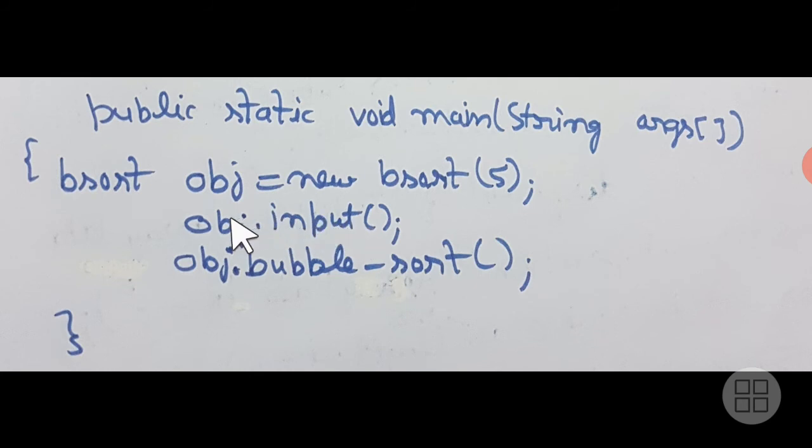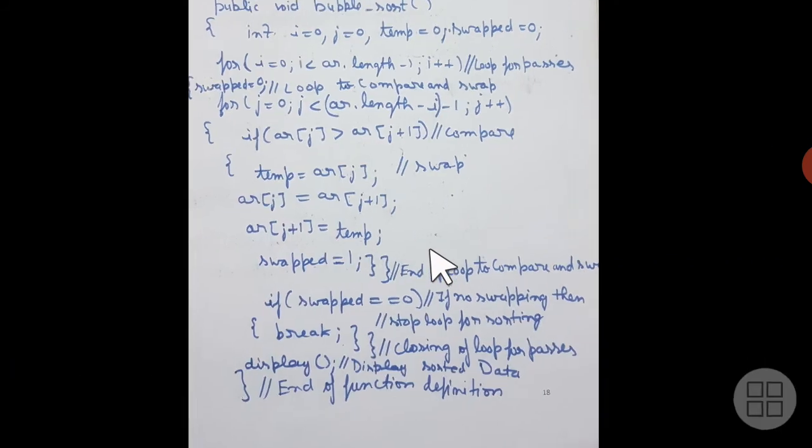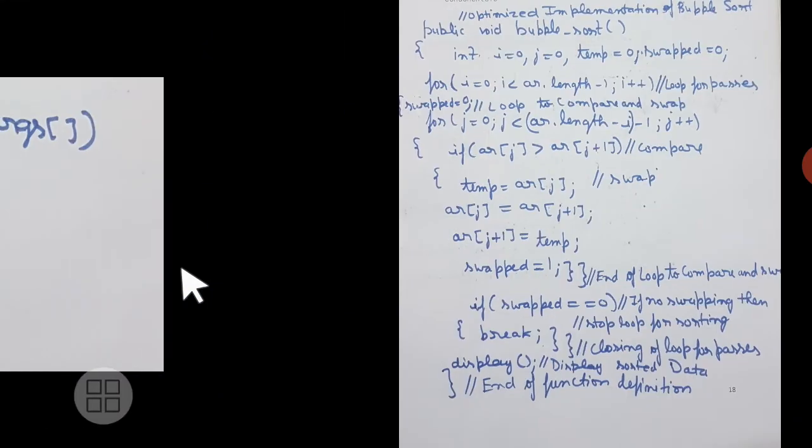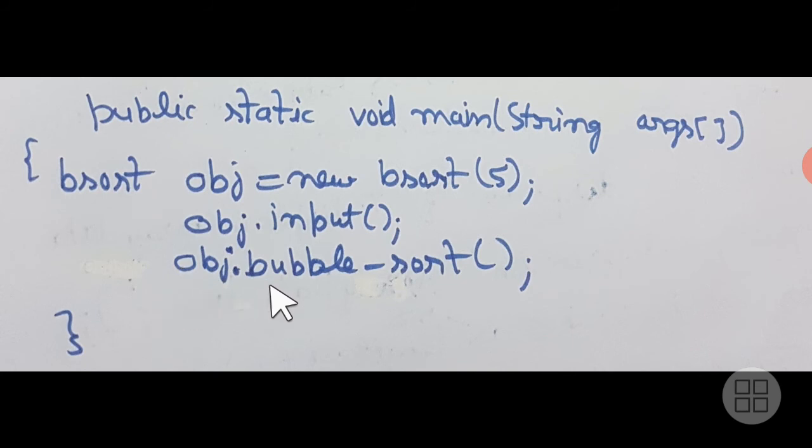The data will be entered through the input function, and after that we call obj dot bubble sort. So automatically the data available in the array of this object, the data member of this object, will be sorted. And a display function is already there, you have seen, right? So automatically the sorted data will be displayed. That is why I have not written obj dot display. That's not required over here.